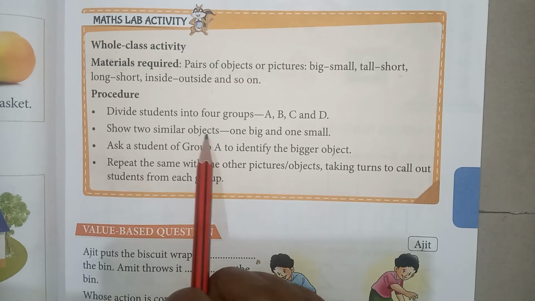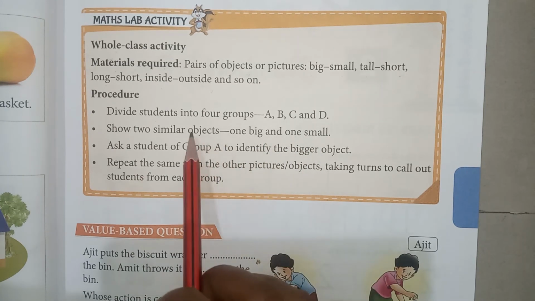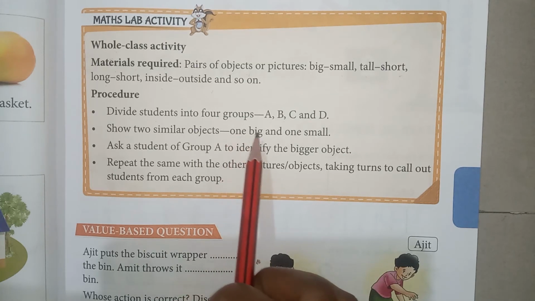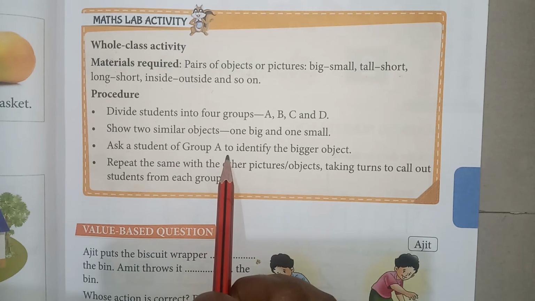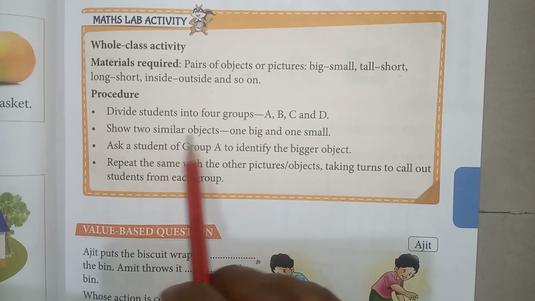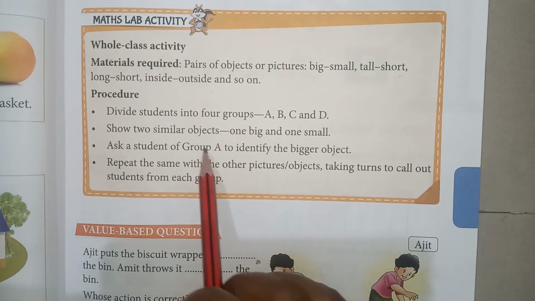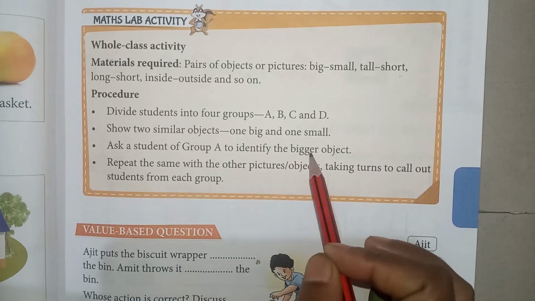Show 2 similar objects, one big and one small, and you have to show which one is big and which one is small. Ask a student of group A to identify the bigger object, and then they have to identify the bigger object.